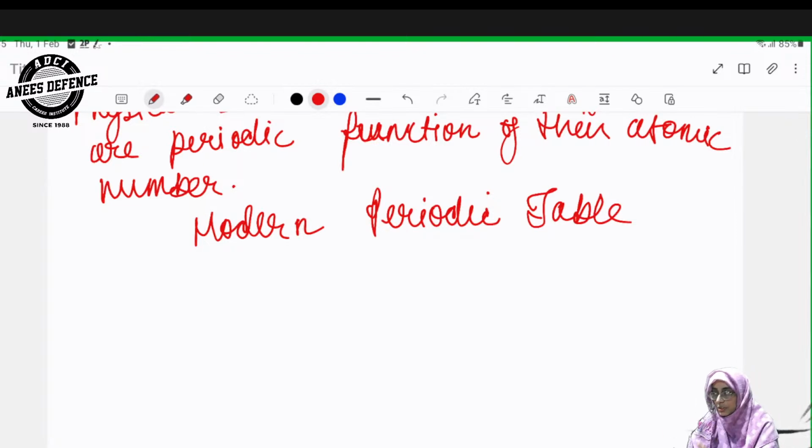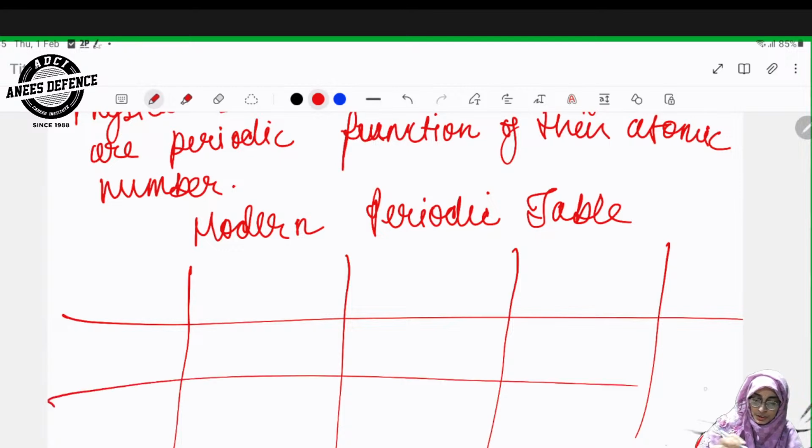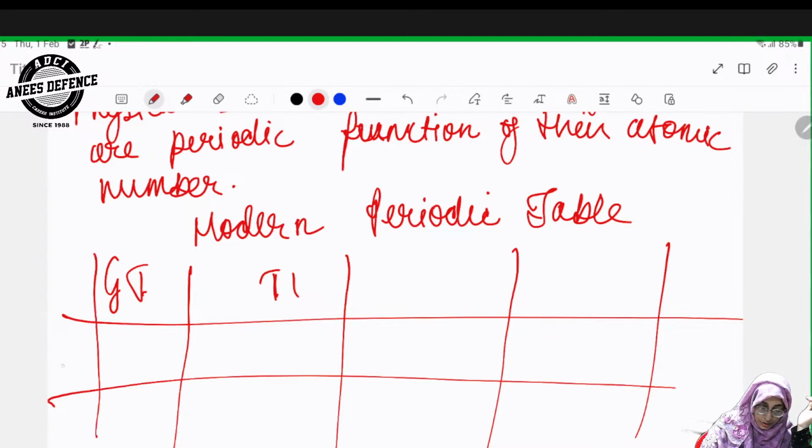He put some groups and some periods, means some vertical lines and some horizontal lines. The vertical ones we call groups: group first, group second, group third, and like that. And the horizontal ones are called periods: first period, second period, and third period.